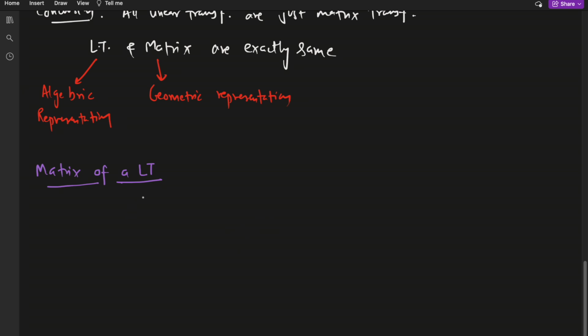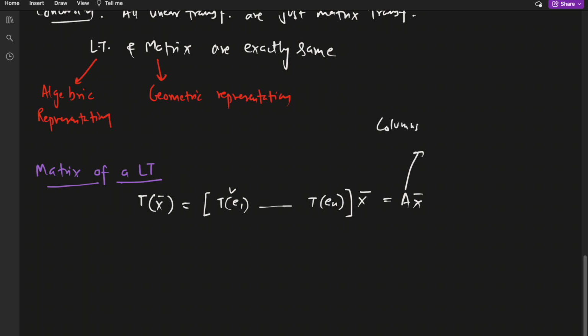Okay, so I already stated that this is the basic thing, that transformation of X is nothing but the transformation of these basis vectors, and then product with X. So this is nothing but A times X. The columns of the matrix A are the transformed basis vectors.